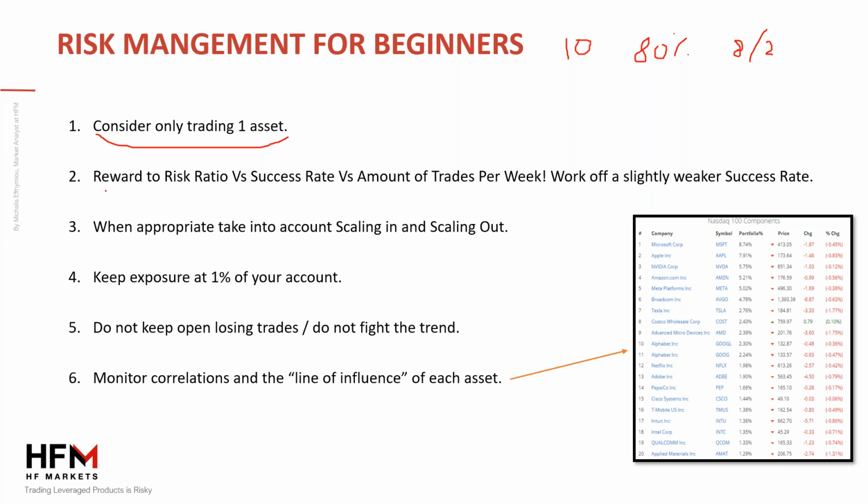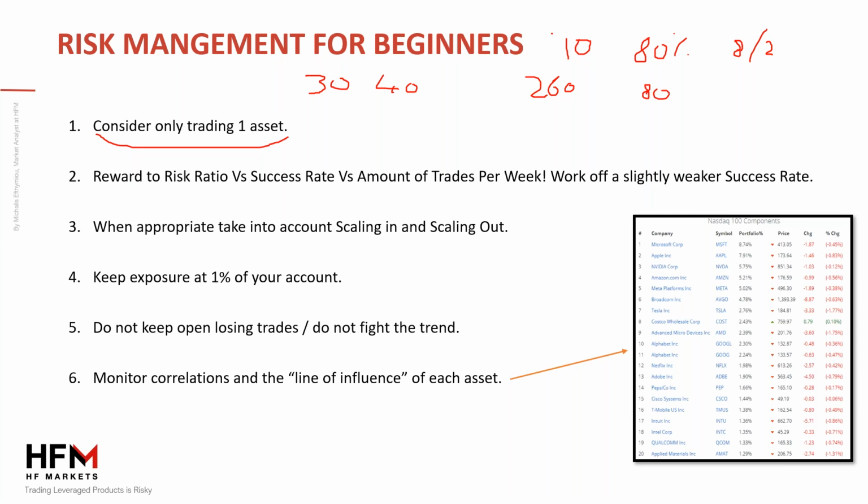Now, you need to look at your reward to risk ratio. So you need to say to yourself, I'm looking to earn per trade, for example, $30, and I'm looking to risk per trade $40. So I know 30 times 8 is 240, and I know 2 times 40 is 80.